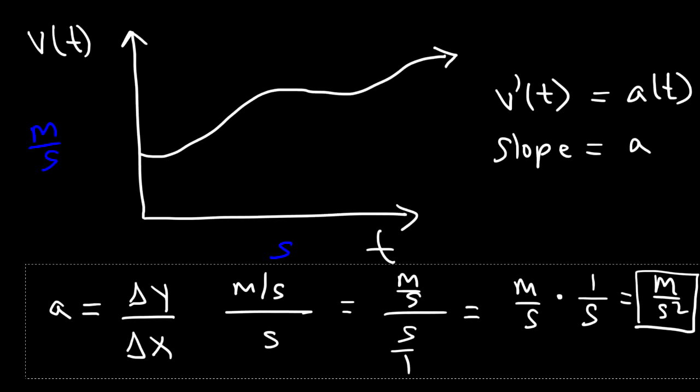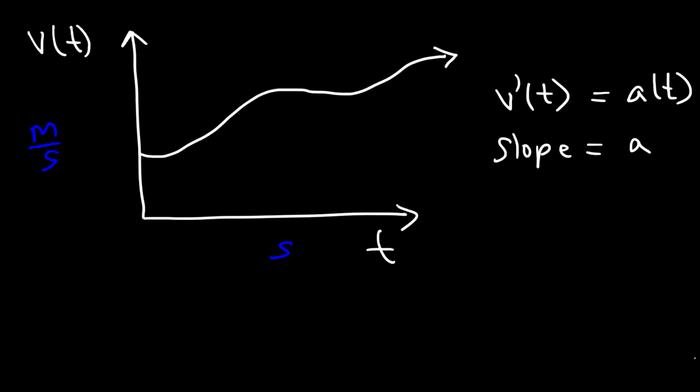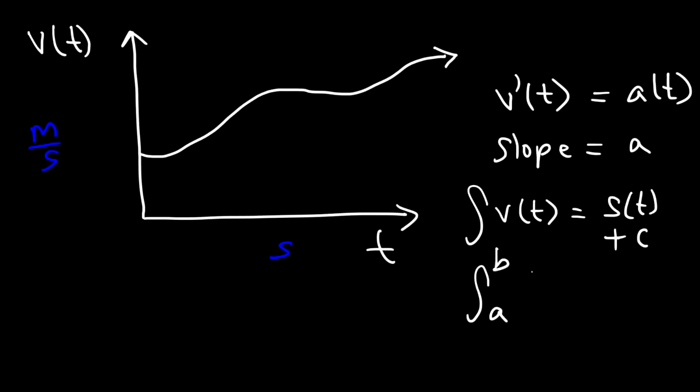Now what about the antiderivative of the velocity function? The antiderivative of the velocity function can give us the position function. In addition, if we use a definite integral, this will give us the displacement.